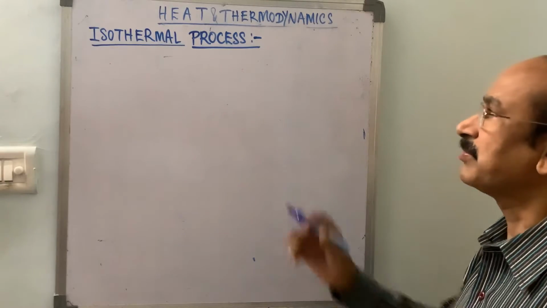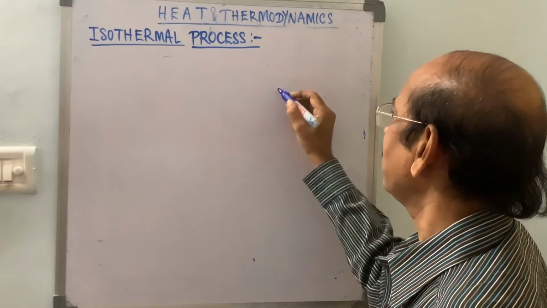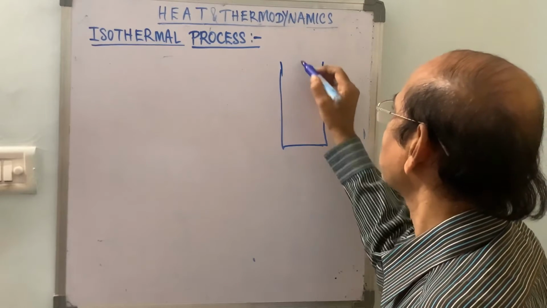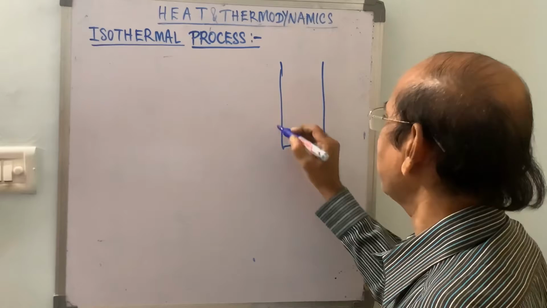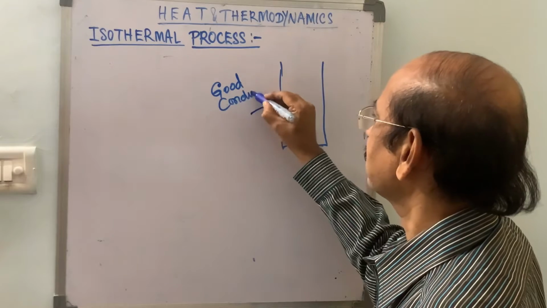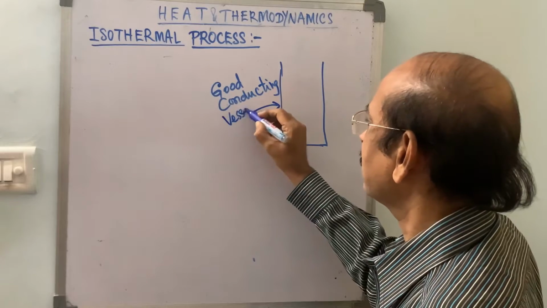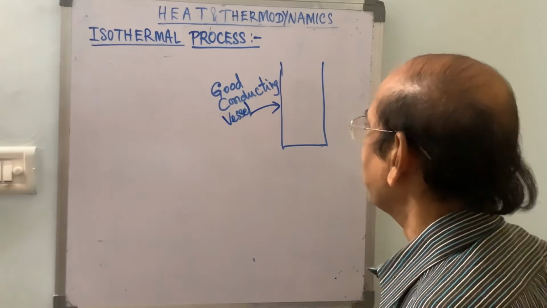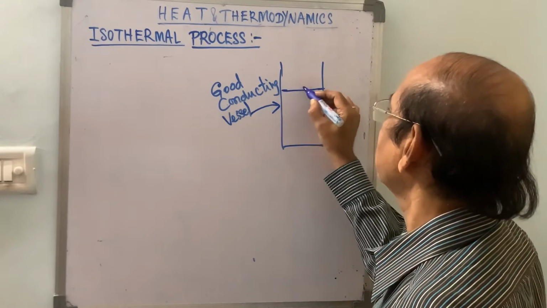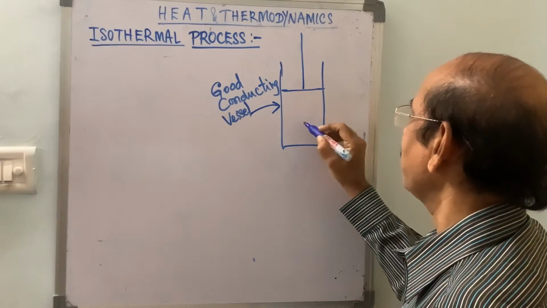Therefore, if we consider a piston in a cylinder, a metallic vessel made up of conducting wall, in which some gas is enclosed, let there be a piston. It has certain volume V.